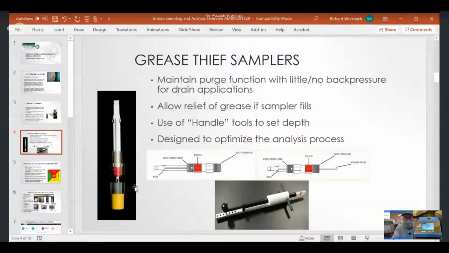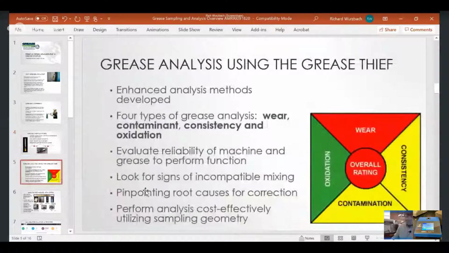It's this format that we've optimized for taking the sample, and that has now become the standard for taking grease samples, ASTM D7718. It is also a standard unit that we can introduce to the analysis process. So we're going to show how we can use this sampling tool in the measurement of ferrous content.